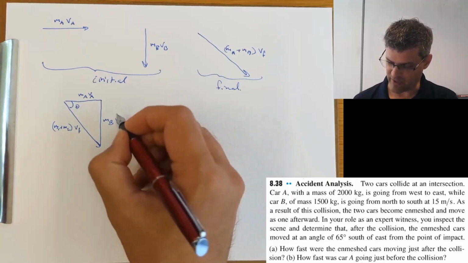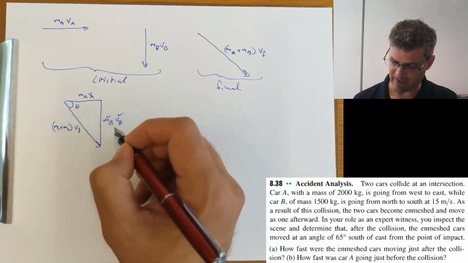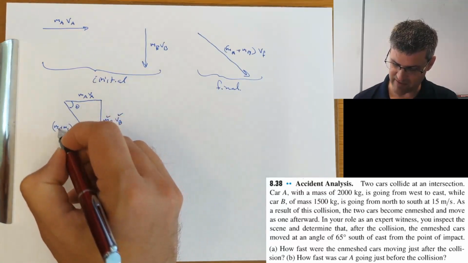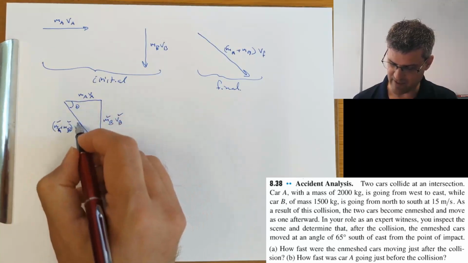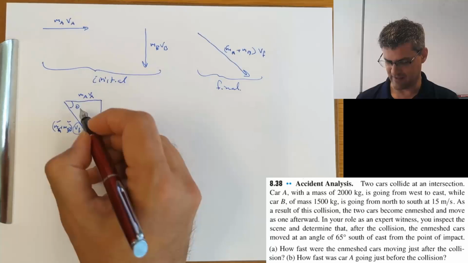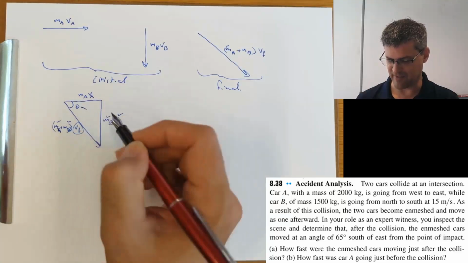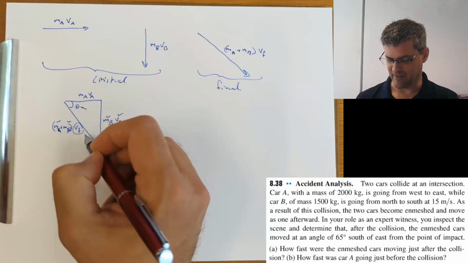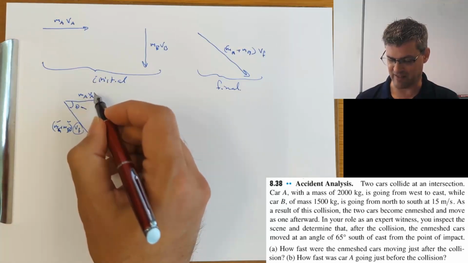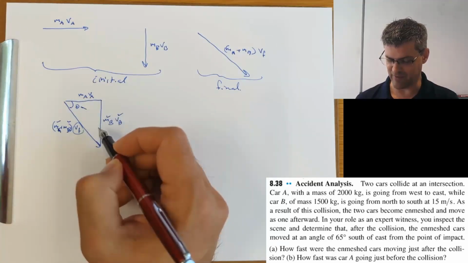So I know VB, I know MB, this is A and B of course, I know those, and I'm asked to find this. I'm also told this angle. So using trigonometry, I don't need to know what VA is. I already know enough information.